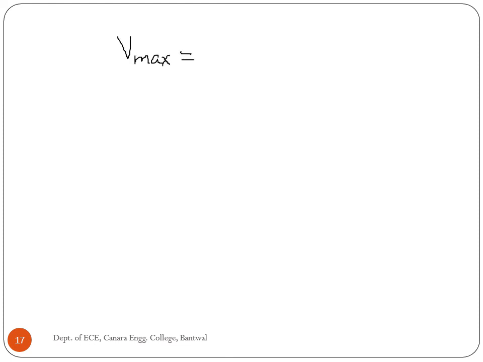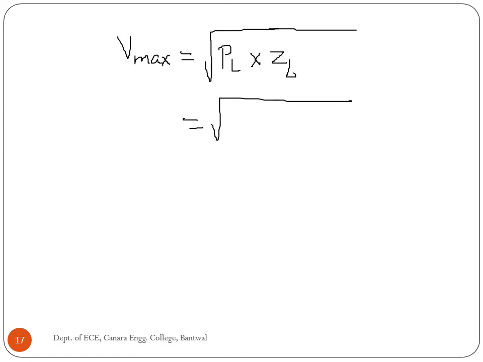Therefore, Vmax is equal to square root of PL into ZL, where PL is 100 milliwatt, that is 100 into 10 to the power minus 3, and ZL is 100 ohm.